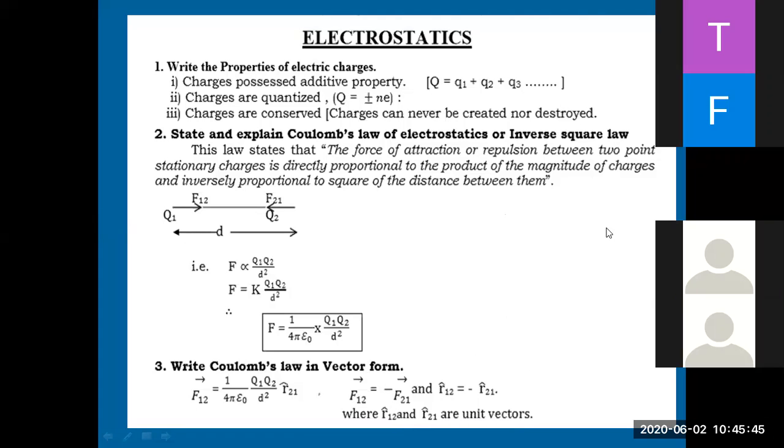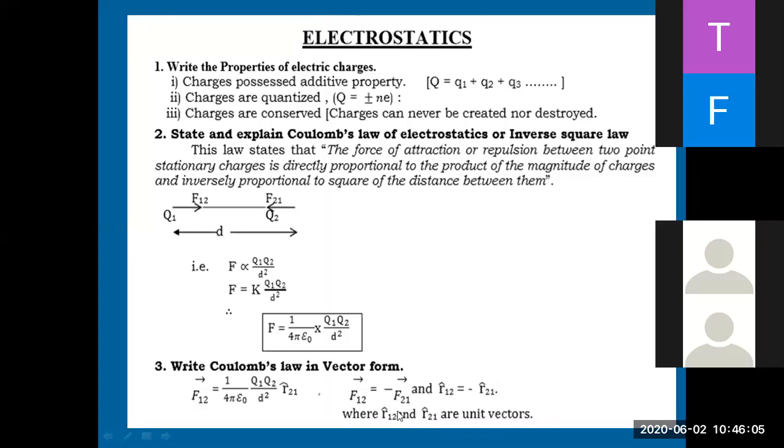Considering that, so first force will be equal to minus of the second force. If you're using Newton's third law, here you will get that answer. F12 is equal to minus of F21.